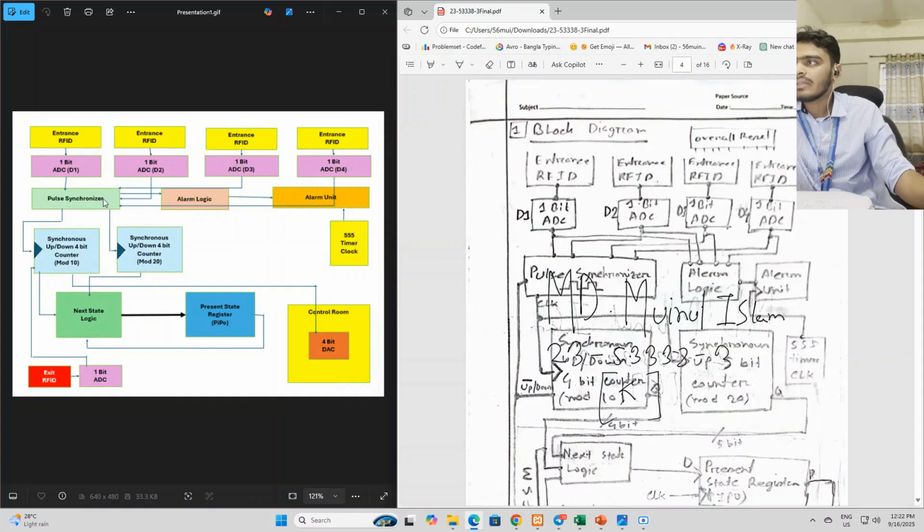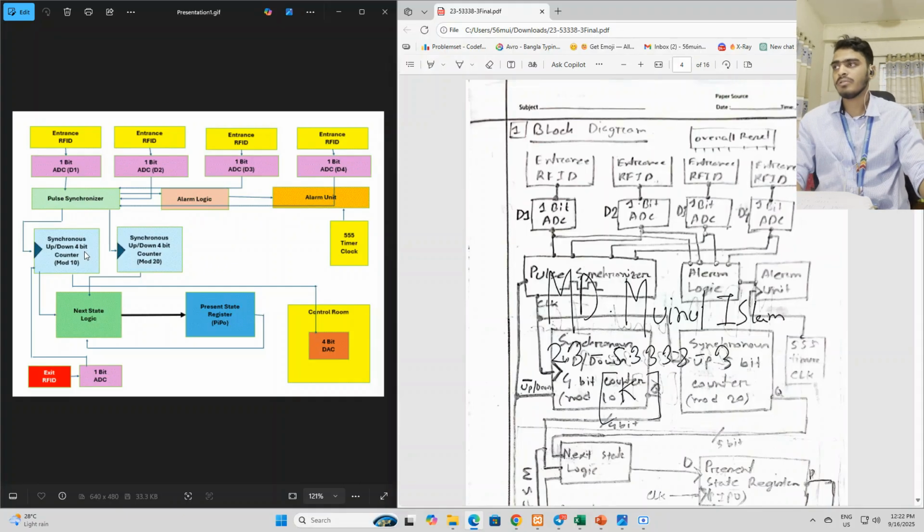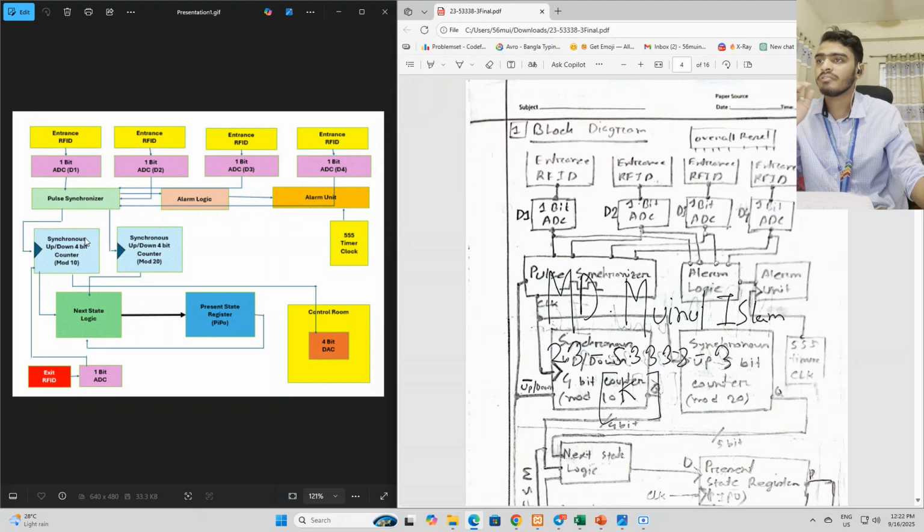Then comes this pulse synchronizer. As this is a crowd management system, we need to count the crowds. So if we want to count the crowds, we need to have some counters. This is a 4-bit counter which counts the passengers on the platform, and this is an up and down counter.